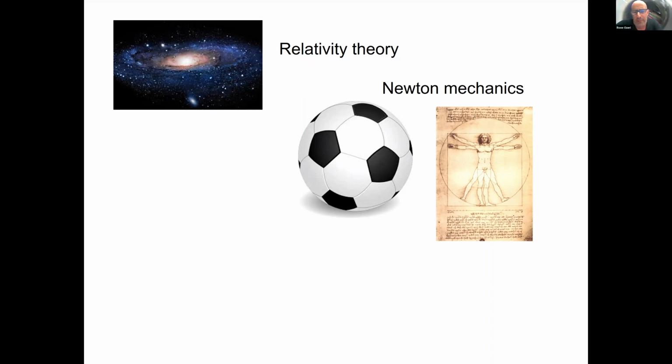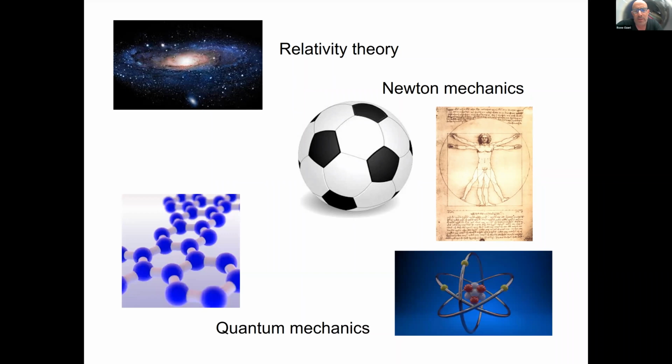But if we dive into the microscopic world, the world of atoms or molecules and electrons and protons, again, we see that the operating system changes. The set of laws that we need to use when we look at the microscopic scale, a different type of physics, a different operating system, is called quantum mechanics.